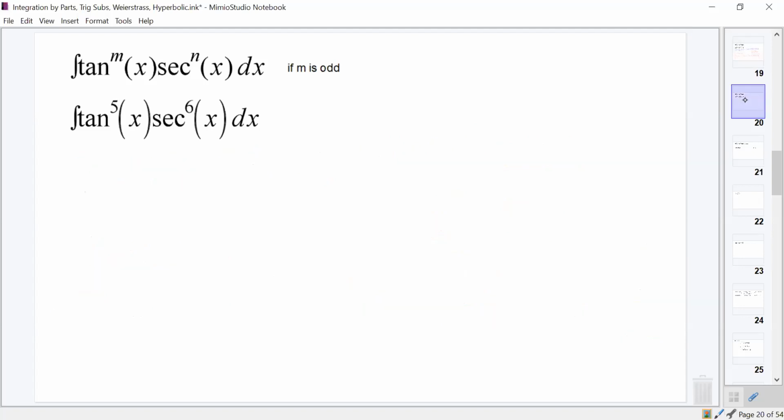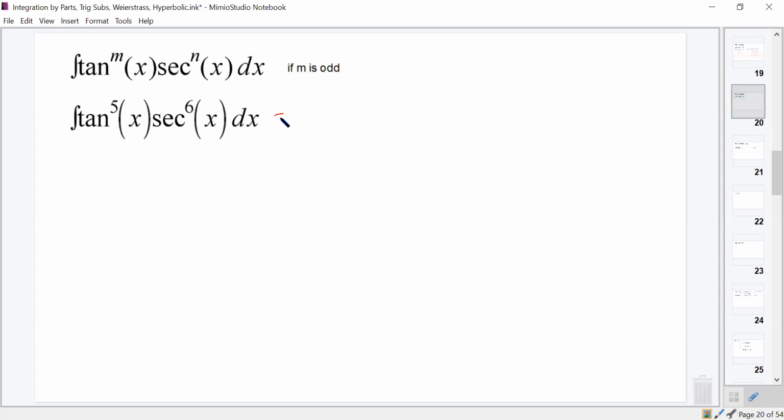All right, what if the power on the tangent is odd? Now I know this one has an even power on the secant, so we could use the secant method for this one too. But if the power on the tangent is odd, then you should be able to separate out a singular secant x tangent x.